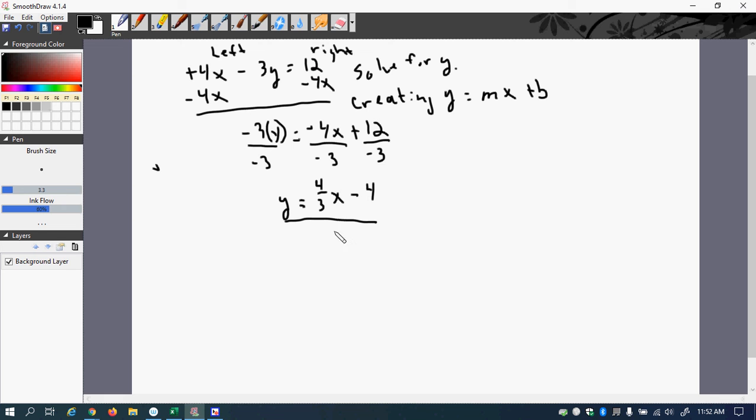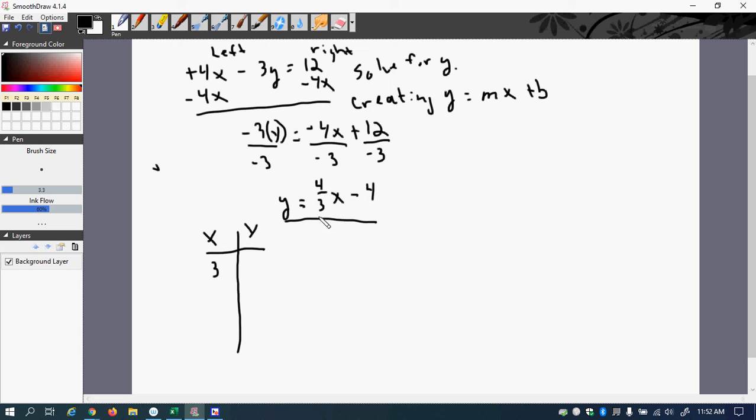So now I need to graph this. This one requires a little more thinking because we have a fraction here. We could pick any number we want for x, but let's pick numbers that will turn the fraction into a whole number. How about 3?